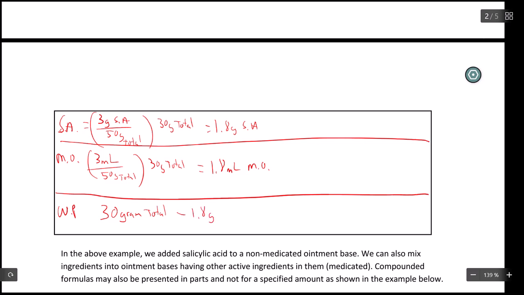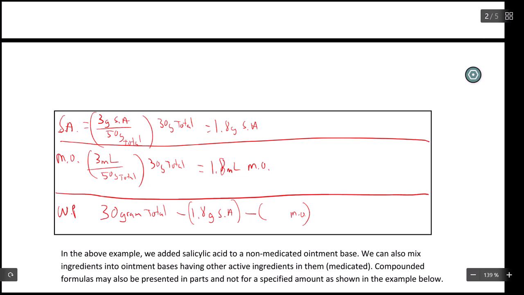We know that we're going to subtract 1.8 grams, which is salicylic acid. Then we also want to subtract a certain amount of mineral oil. We're not going to say 1.8 mLs because we need it to be in grams. How do we take the 1.8 and turn it into grams?